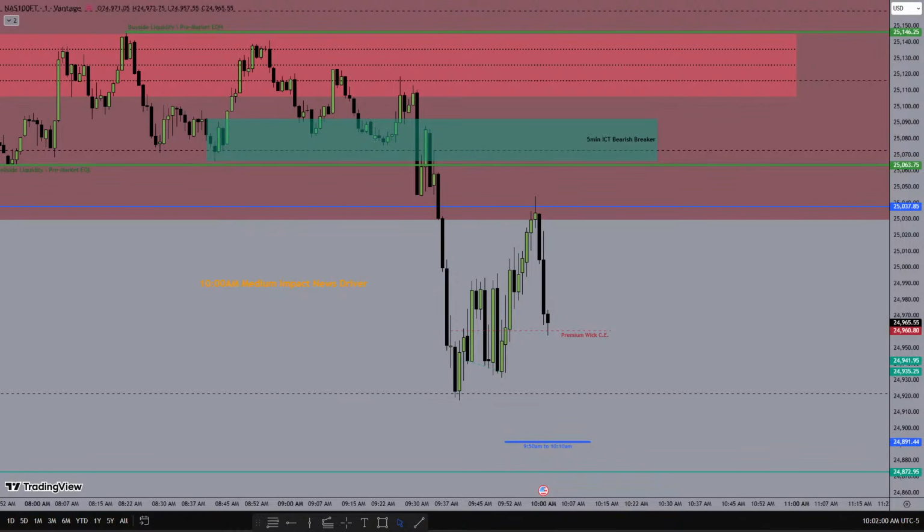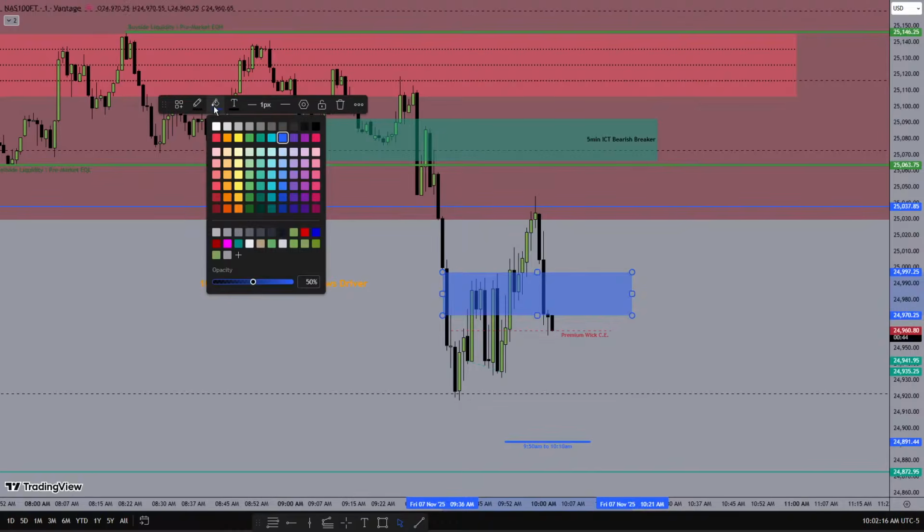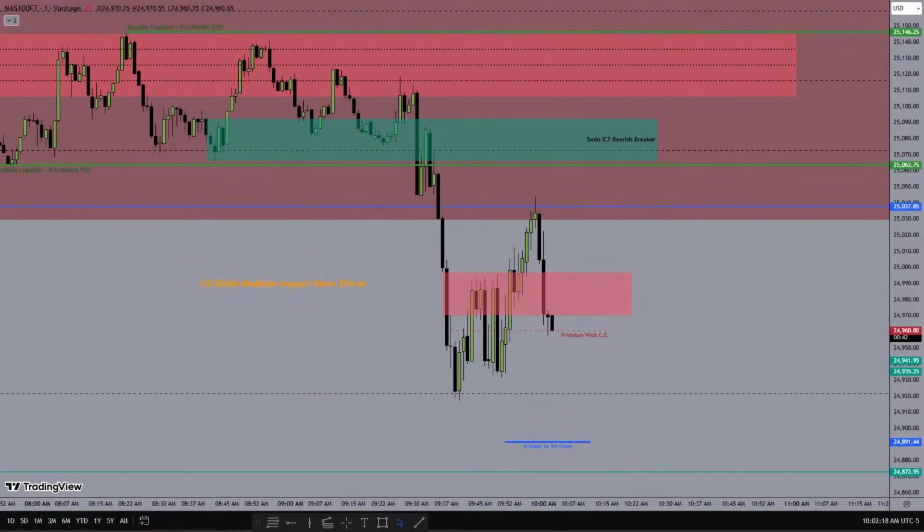ES is... dollar is slipping lower. It's just traded down below the 951 low.